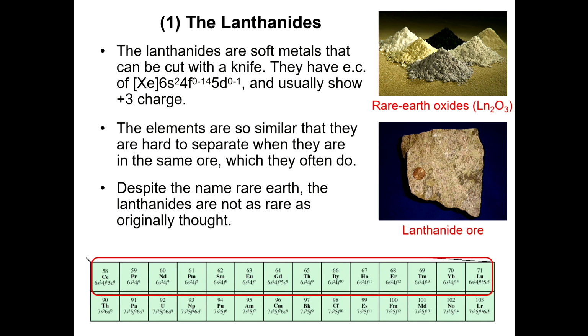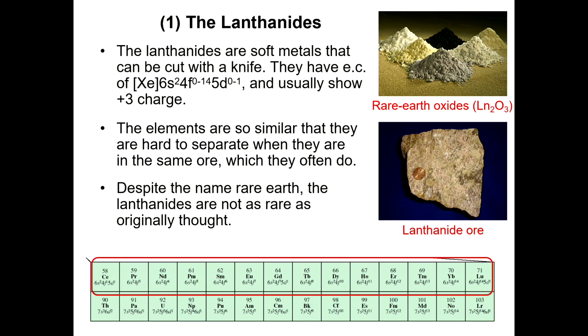Okay, so the lanthanides basically have electron configurations like this: 6s2 and 4f from 0 to 14, and then 5d maybe 1 or 2. Oh no, here, before filling 4f, the 4d orbitals are filled.